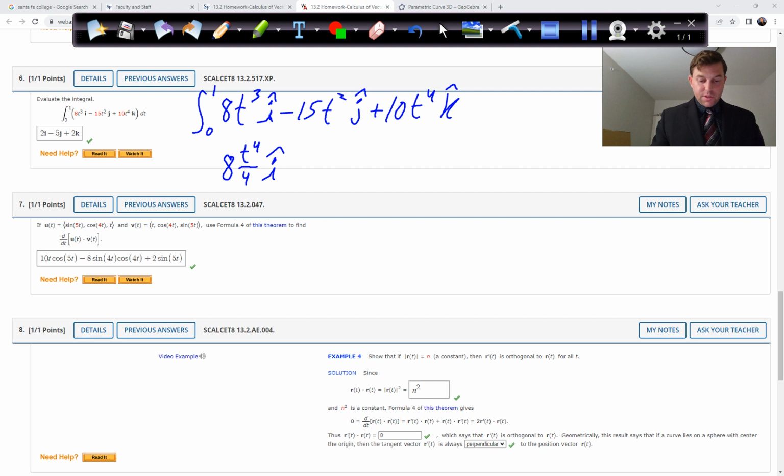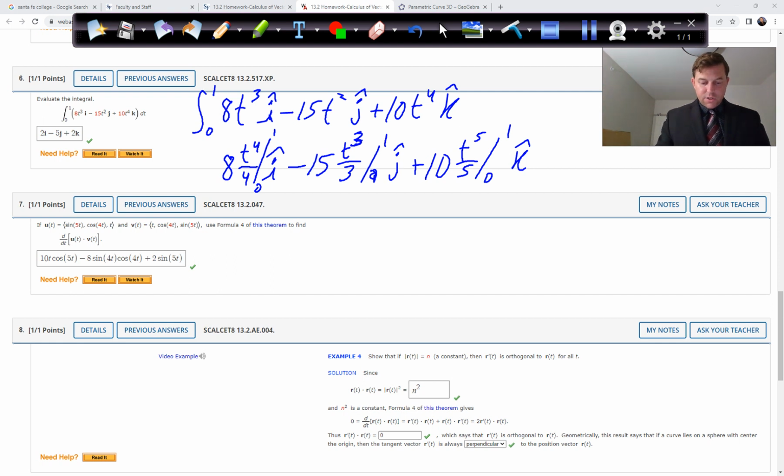And we're doing this from 0 to 1, so don't forget your limits of integration. Minus 15 sticks around. t squared becomes t cubed over 3. So add 1 and divide by the same number, and that's from 0 to 1 in the j direction. 10 sticks around for the ride. t to the fourth becomes t to the fifth over 5, 0 to 1 in the k direction.